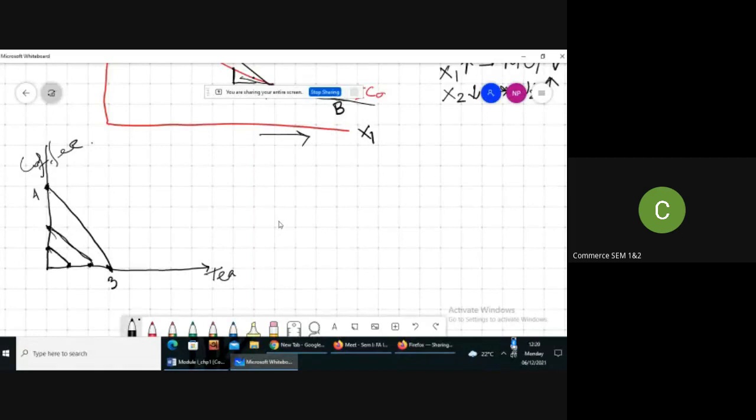So these are basically 2 points. Depending on the nature of substitutability, the slope of the indifference curve will be like this. Whether it will be 45° or more than 45° depends on the degree of substitutability. Clear? But MRS is constant.